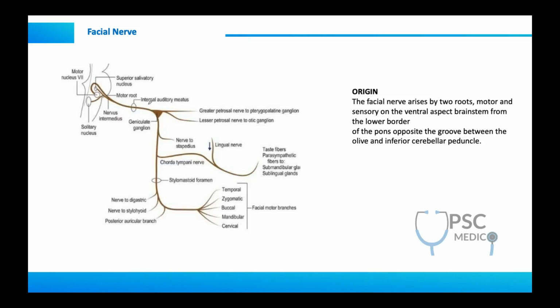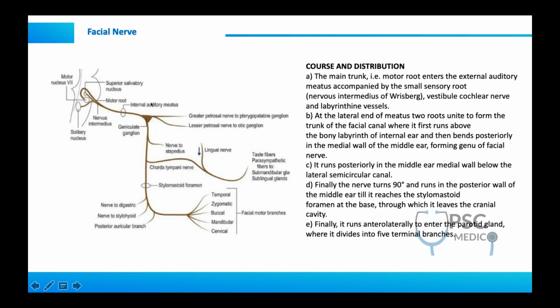So let's see, after taking origin, what is its course and where it is getting distributed. The main trunk, arising from the motor nucleus, takes a turn, and this produces a facial colliculus. This turn is a major root.